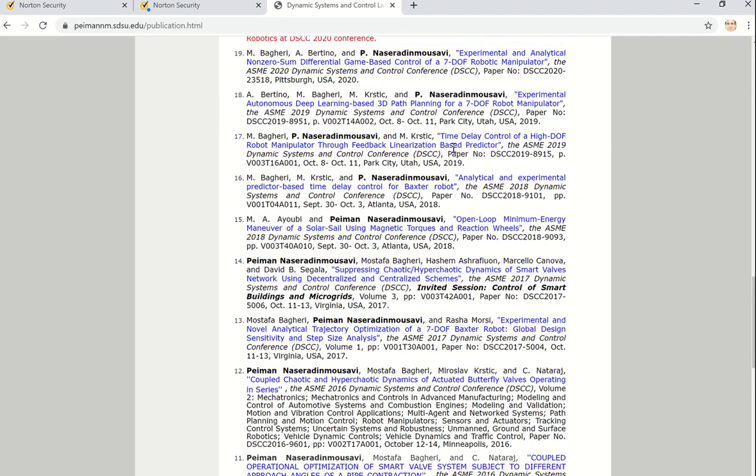This is the paper: Experimental Autonomous Deep Learning Based 3D Path Planning for a 7DOF Baxter Robot. It was me, my current PhD student Alex Bertino, Mustafa Bagheri, my former PhD student, and Miroslav Krstic, my collaborator at UCSD, and this is your glorious professor. We presented this at the ASME 2019 Dynamic Systems and Control Conference in Park City, Utah.